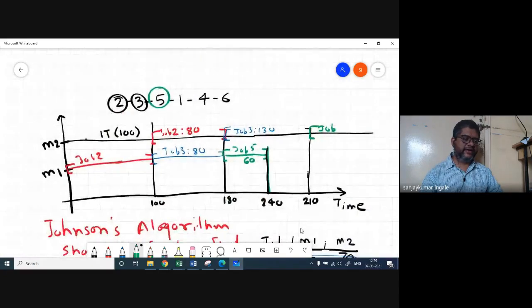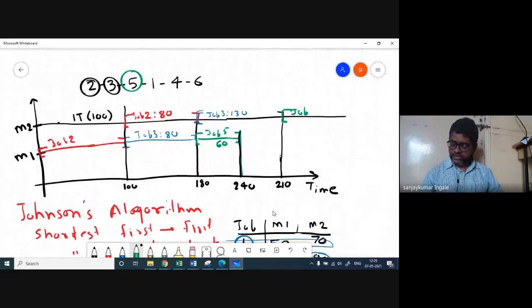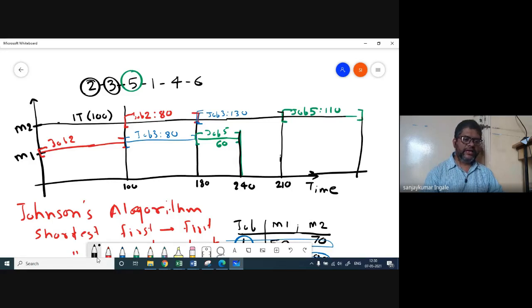It will take another 110 minutes, so around 210 plus 110, about 320 minutes. Likewise, you need to construct. Understood?